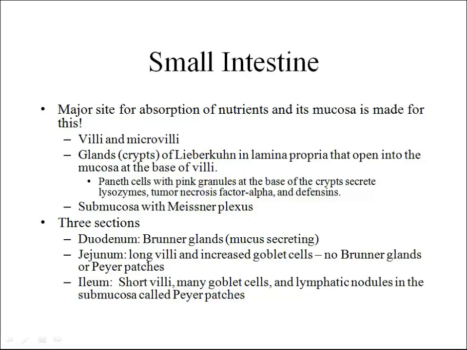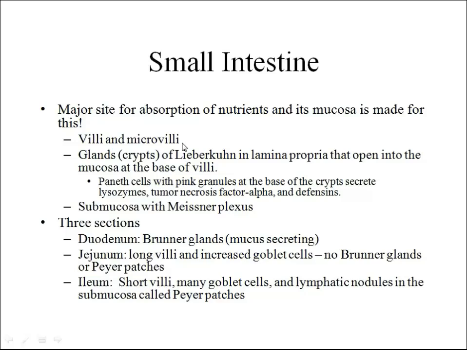Okay, we are discussing the small intestine, a major site for absorption of nutrients, and its mucosa is made for this. Villi and microvilli are the major thing to note in the histology of the GI tract.